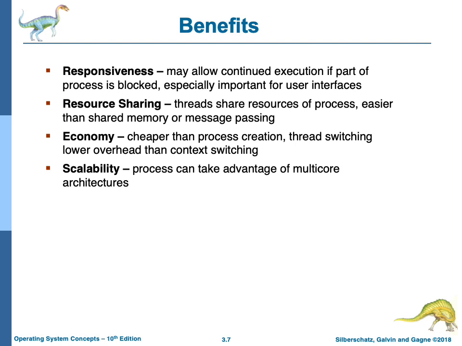Also, the other benefit is resource sharing. Processes can share resources only through techniques such as shared memory and message passing that we're going to talk about later in this lecture.